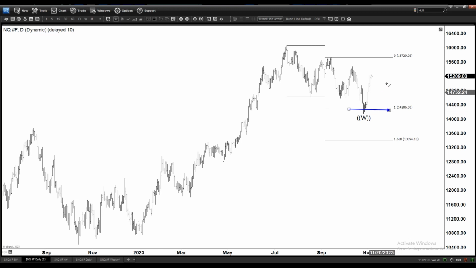An impulse will not have a reaction from the 100%. An impulse is always going to be like this: 1, 2, 3, extended 3 at the 1.618 extension, 4, 5. That is an impulse. This is not an impulse. So as a result, based on this alone, you know that the market is still bullish, because if it were bearish, it wouldn't make this type of structure.